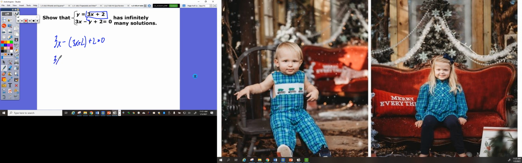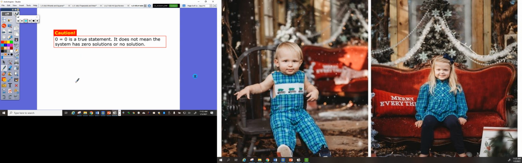If I distribute that negative to each one of these terms, then I have minus 3x minus 2 plus 2 equals 0. These all cancel out, and I have 0 equals 0. That shows the infinite number of solutions. It doesn't mean that there's no solution, and that's what this next slide is guarding against. 0 equals 0 is a true statement. It doesn't mean that there's no solutions.